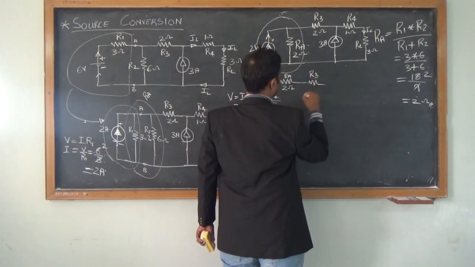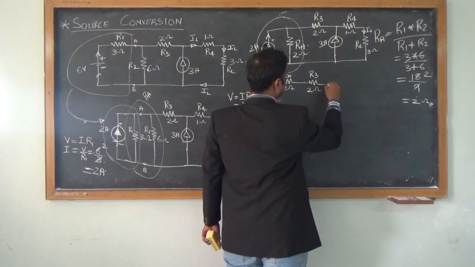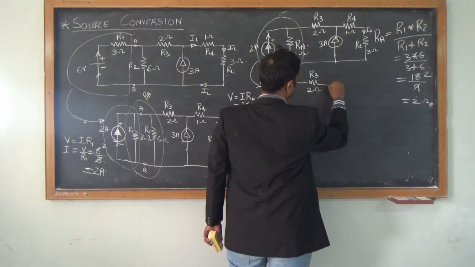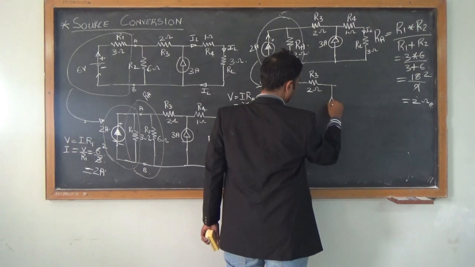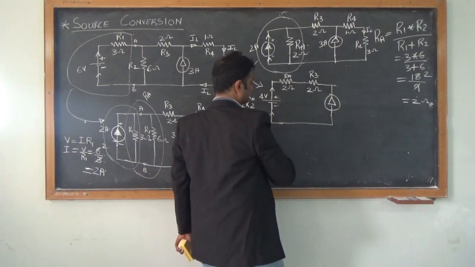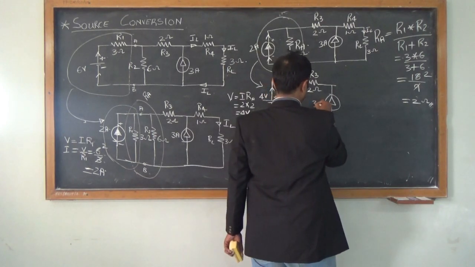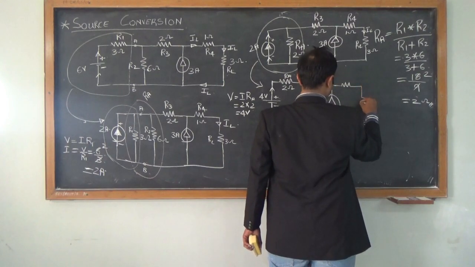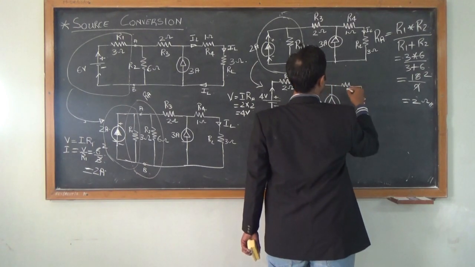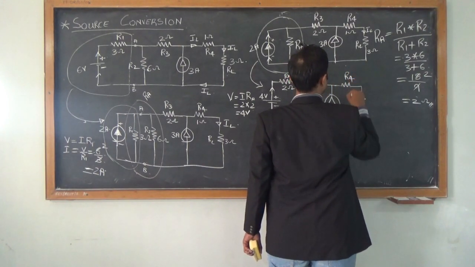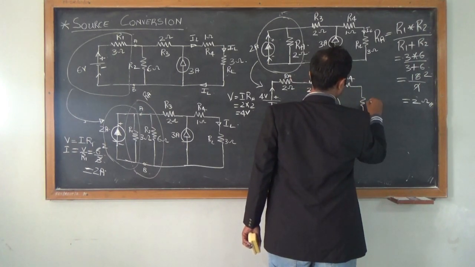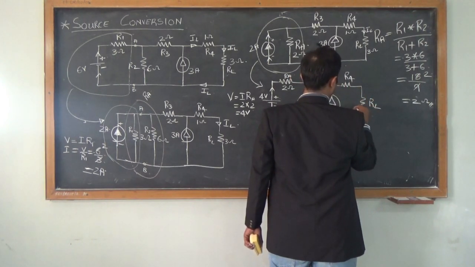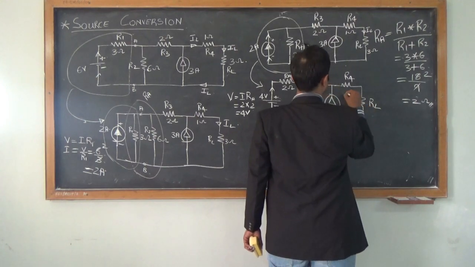I have R3 which is 2 ohms here. I have 3 amps. I have R4 and I have RL.